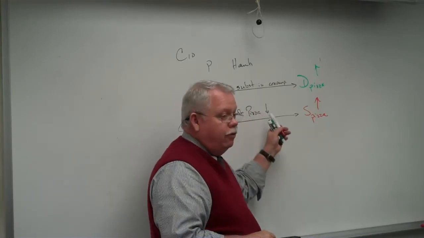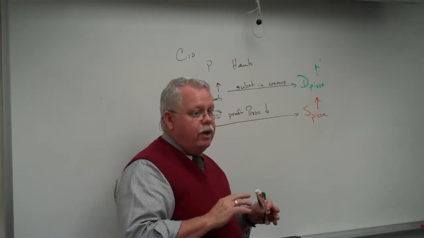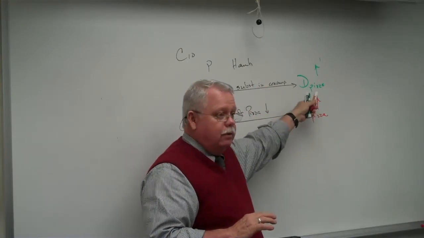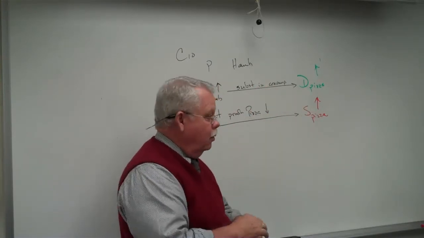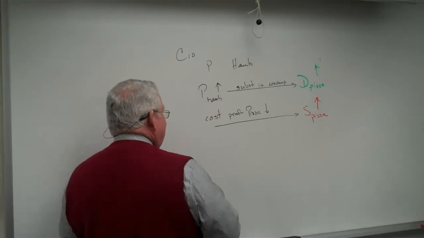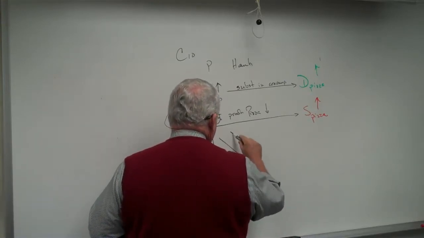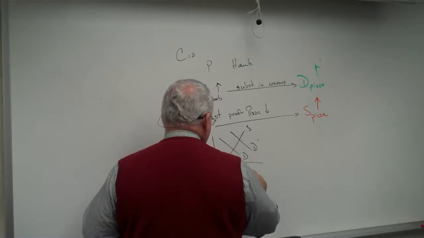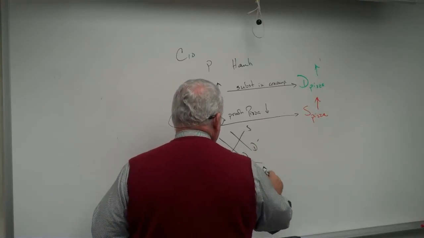You've got to get to this point in the question before you do anything else. You've got to recognize which curves are affected and which way they're moving. Once you get to this, hopefully the rest of it's pretty easy. Increase in demand makes price rise and quantity increase.